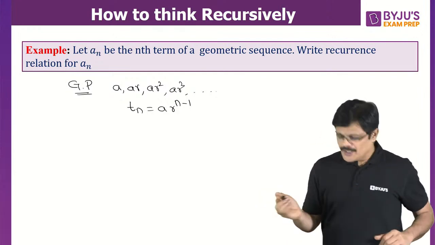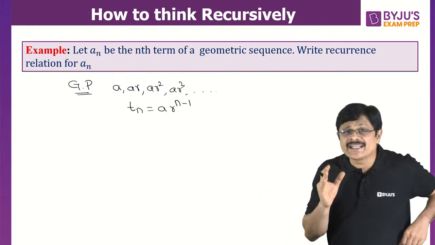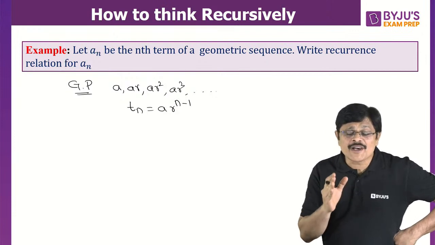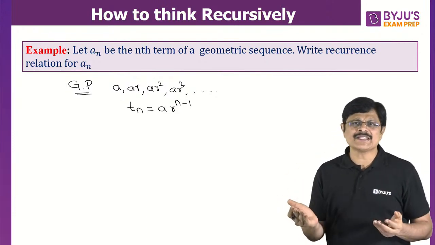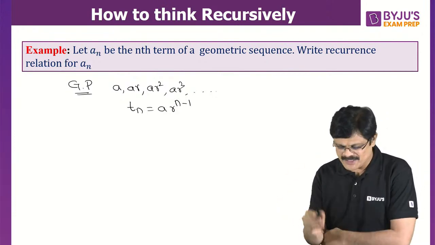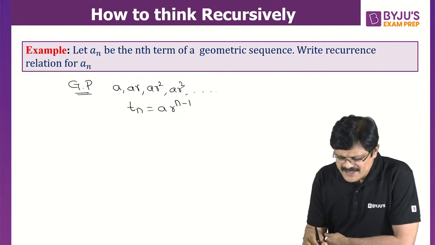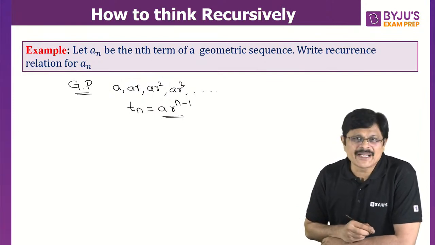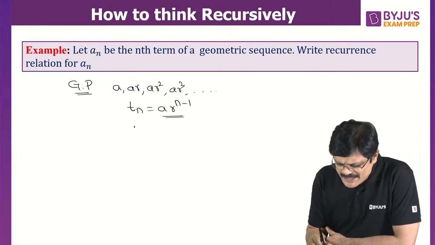Now I want to write this nth term in terms of previous terms. Previous terms means maybe n minus 1 term or n minus 2 term. See, this is the nth term of the progression. Now what is the n minus 1th term?